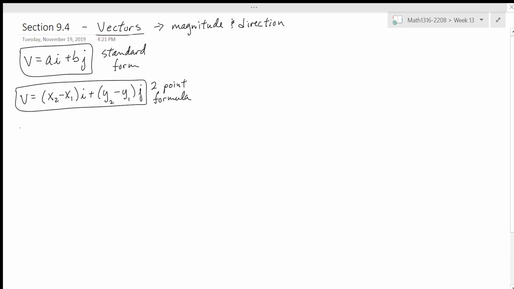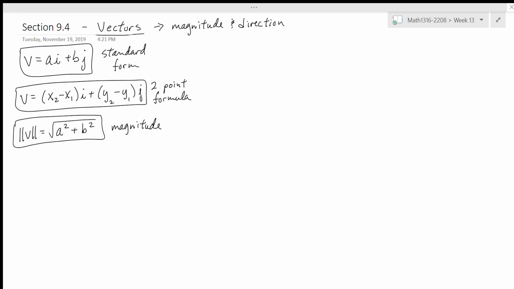All right, next formula. And this is the formula for the magnitude. That is the magnitude of the vector.